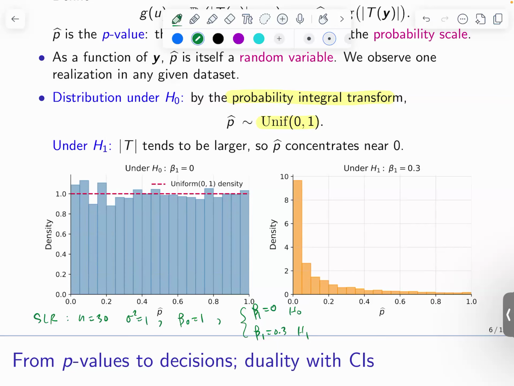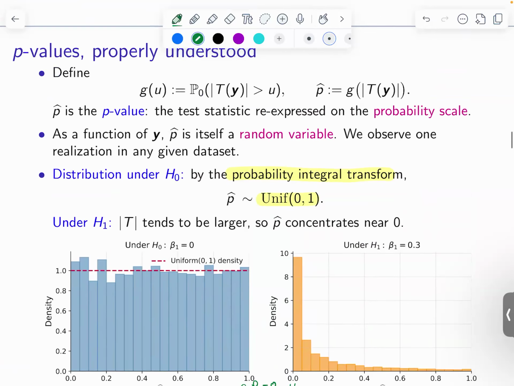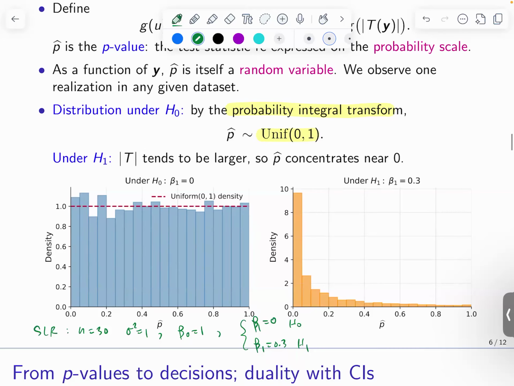So we're going to have two distributions. Under the null, I've done this many times, maybe 50 or 100 times, and then plotted the histogram of p hat, and you can see it's very close to a uniform on 0 to 1. And under the alternative, you can see it's shifted towards 0.